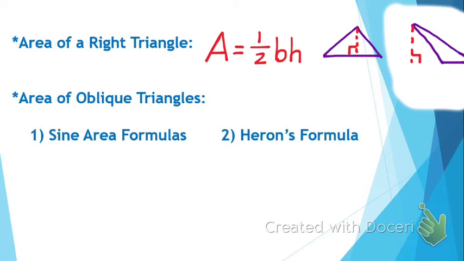So the thing to keep in mind is when you're talking about the height, it has to be connected with a 90-degree angle. So this is always with a 90-degree angle. So that's that first formula that you learned back in the day.